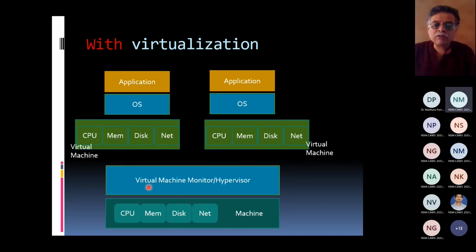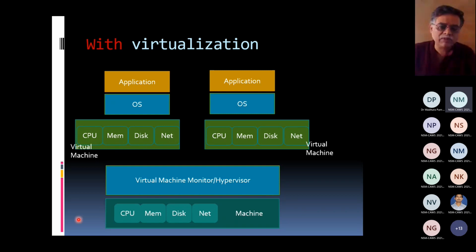And what the VMM does is it partitions this and says, I will create a virtual machine which has a virtual CPU, some virtual memory, some virtual disk, and virtual network address. I will give this to the layer above me, and that layer is an OS. So there's an OS which runs on top of this virtual machine.